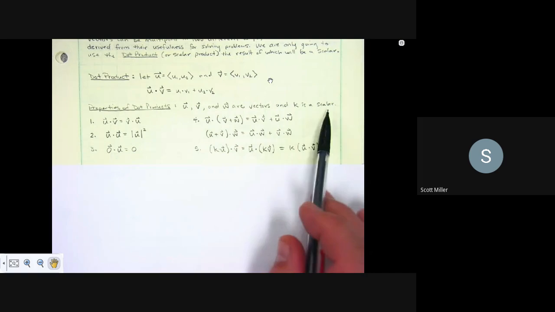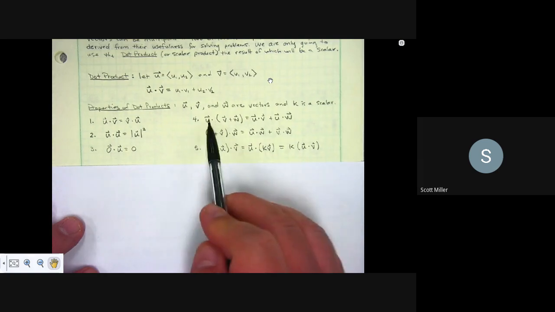So fairly simple. Here are some properties that are useful. I have three vectors here, and k is a scalar. This is basically the commutative property of dot products. That means the dot product in one way is the same as the dot product in the other. If I dot product a vector with itself, it's just the magnitude squared. The dot product of the zero vector with any other vector produces the number 0.